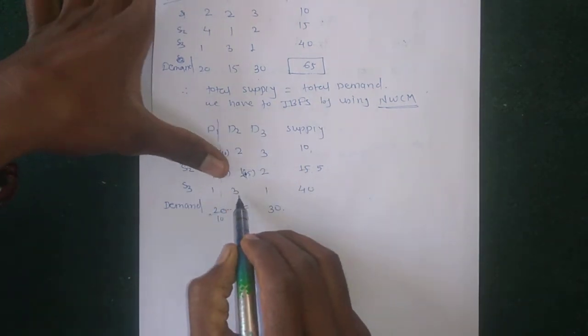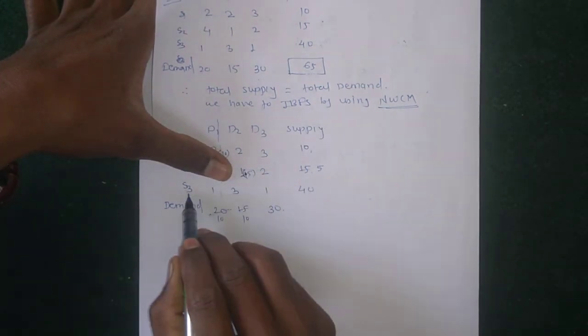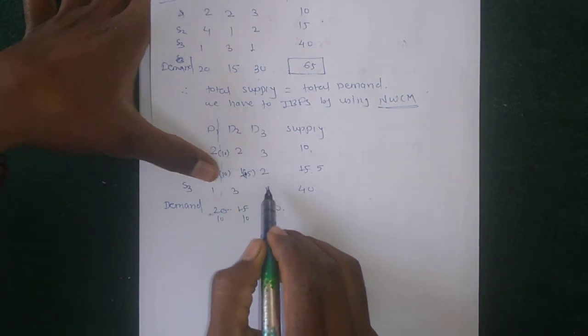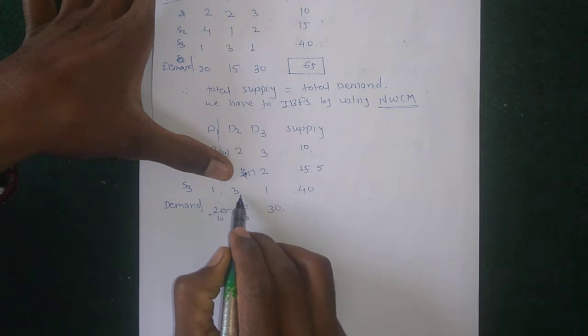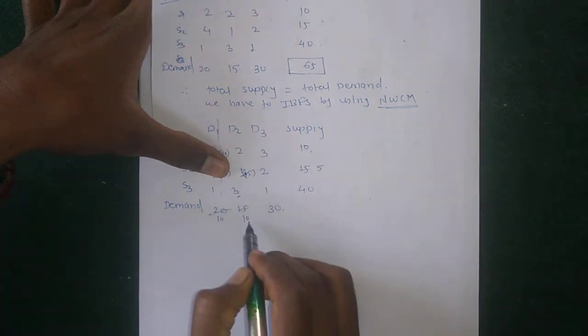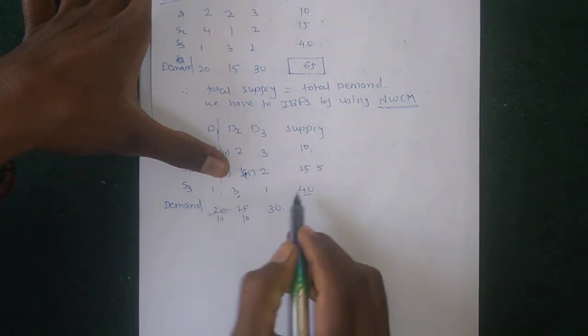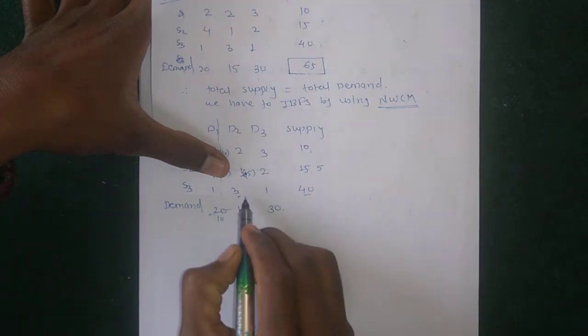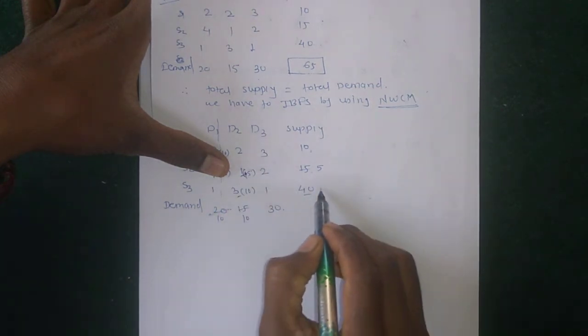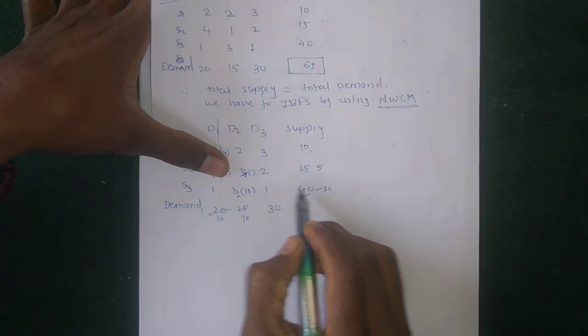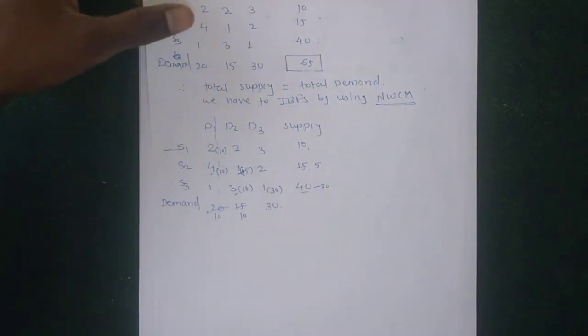So only the values 3 and 1 remain, that is the S3 row and the D2 and D3 columns. The northwest corner value is 3, the supply is 40 and the demand is 10, so allocate 10, then delete this column, and the remaining is 30.